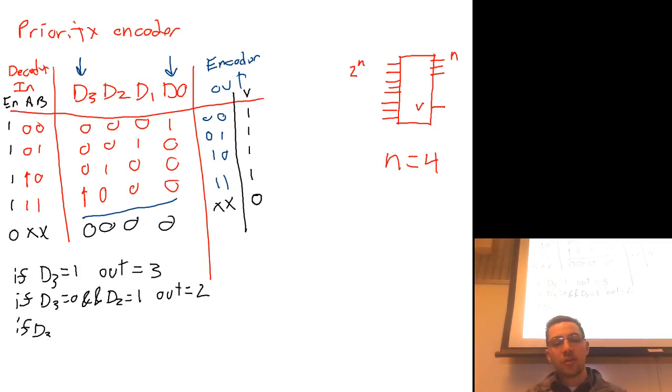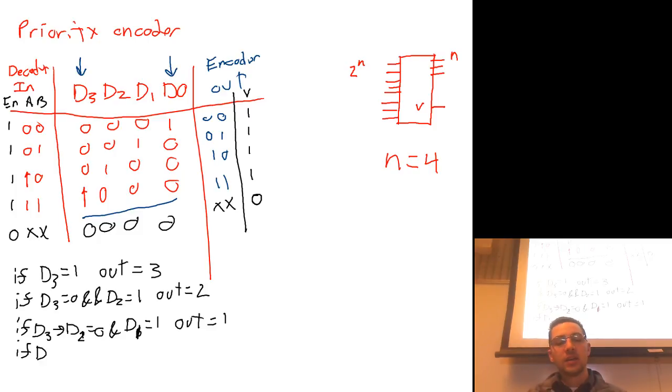If D3 through D2 is 0 and D1 is 1, our output is 1.